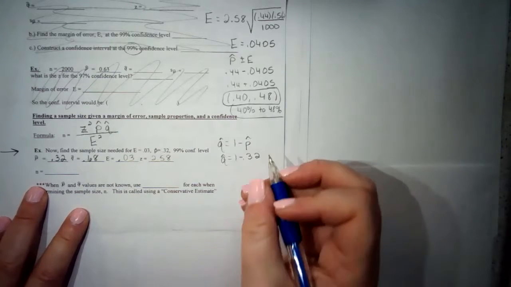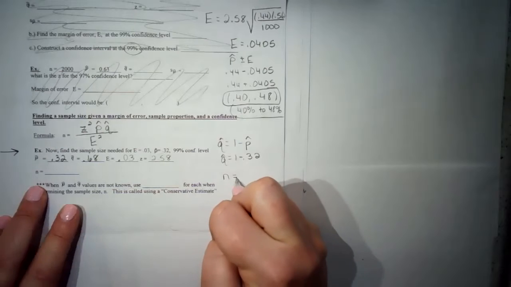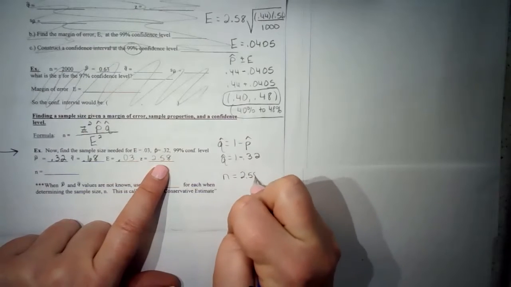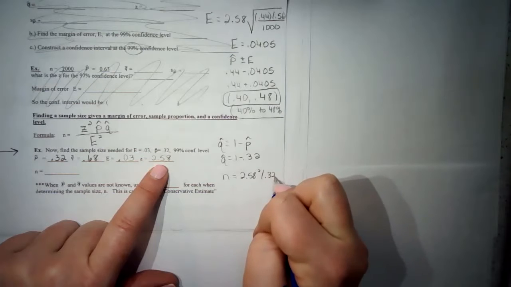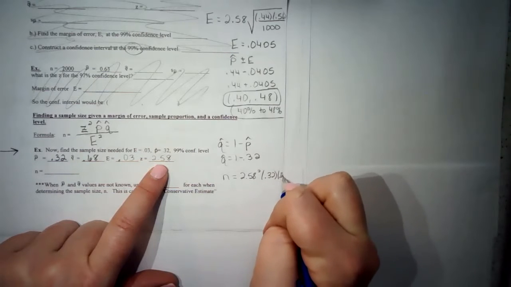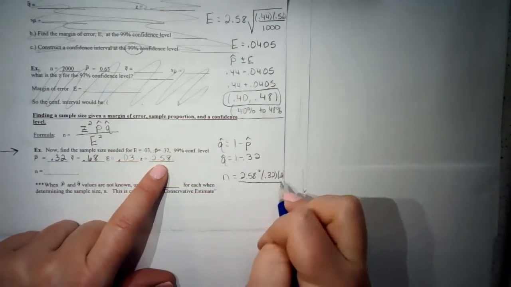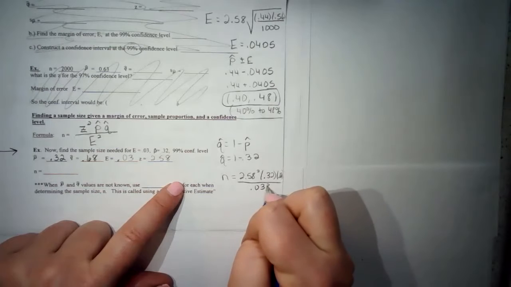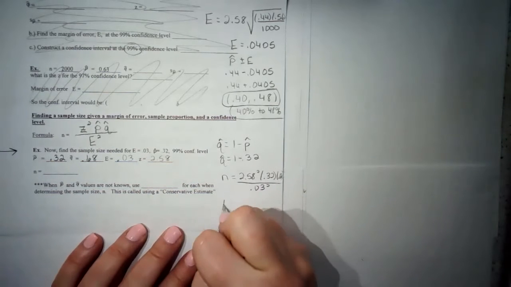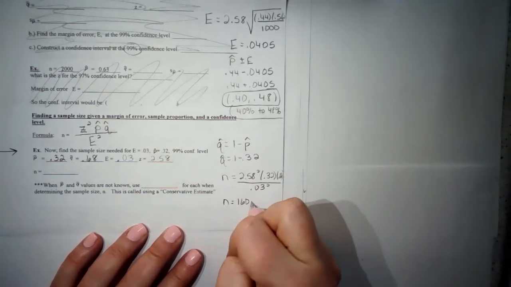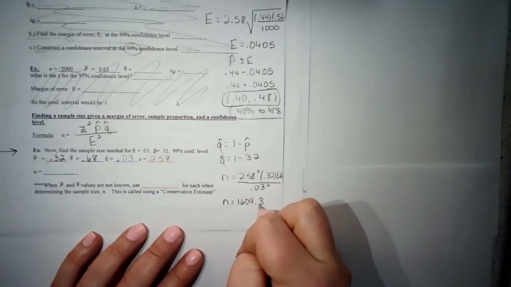Okay, now we're going to plug it in and find it. So in our calculator, we're going to have 2.58 squared times 0.32 times 0.68. Remember, those are not squared, over 0.03 squared. All right, I came up with 1609.37.